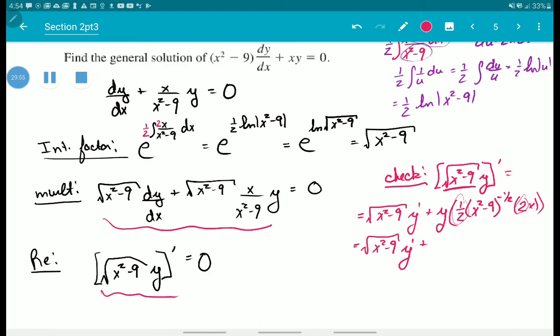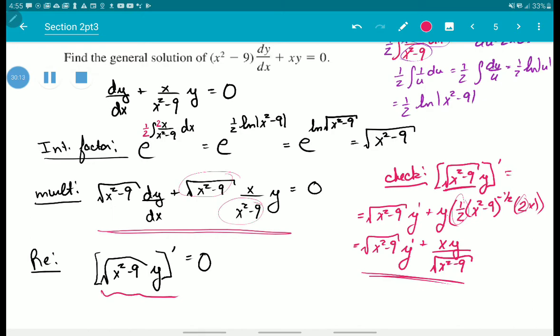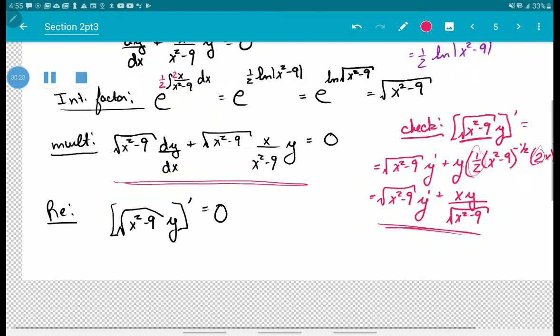So we're going to have an x and a y over the square root of x squared minus 9. So the question is, is this equivalent to this? And the answer is yes, because this guy would reduce to that. So they are algebraically equivalent, which means we have written that the correct way.